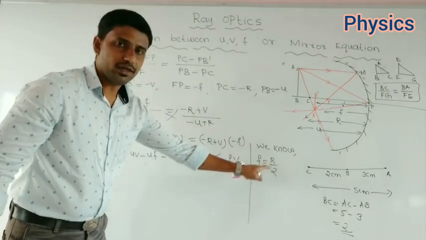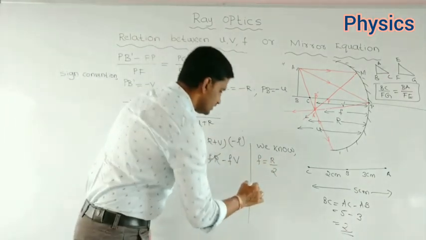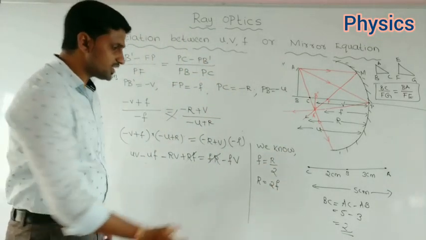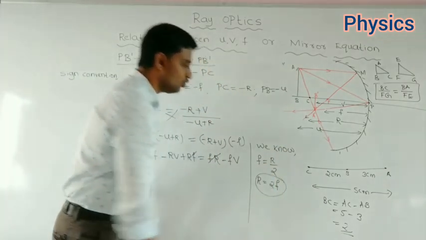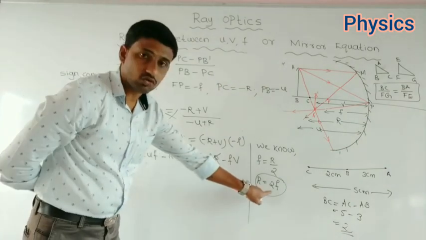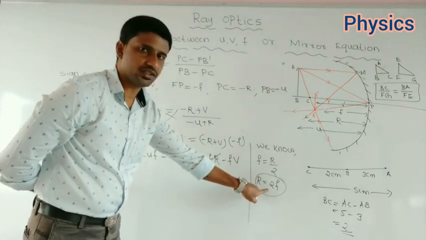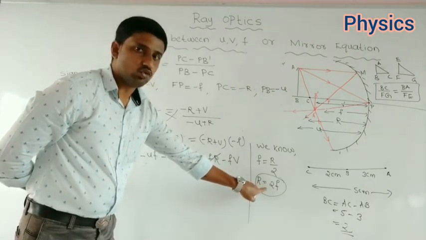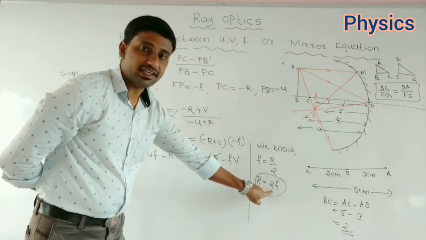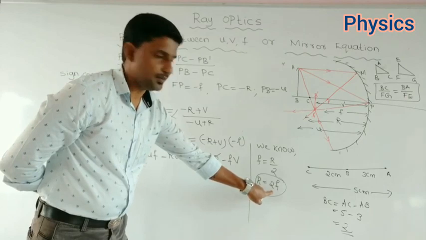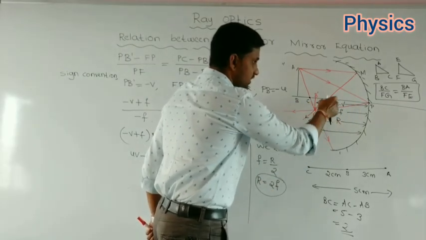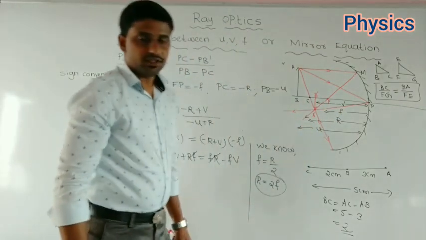If I rearrange this, I can write R is equal to 2f. R is equal to 2f means the radius of curvature is always 2 times the focal length in the case of a spherical mirror.